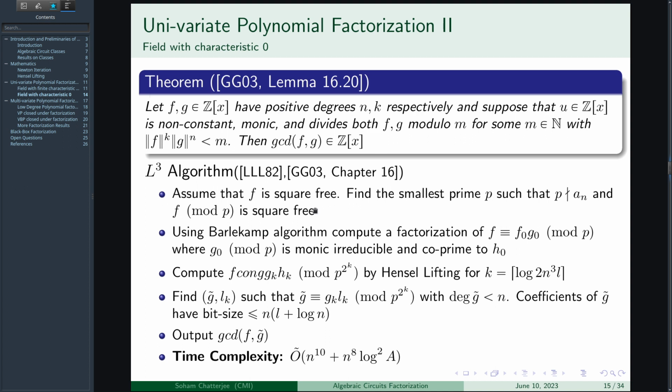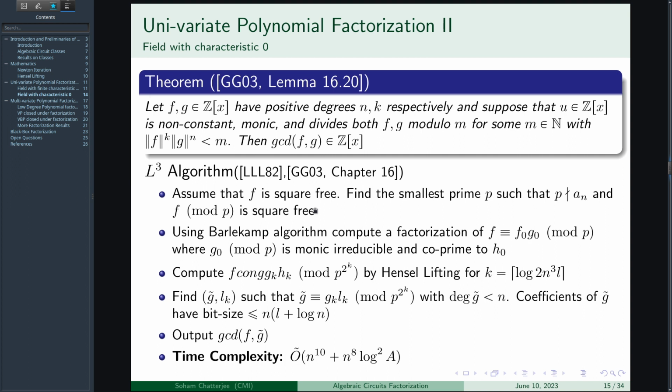Now the main LLL algorithm: first you do a pre-process to make f square free. Then you find the smallest prime p such that p does not divide the highest degree coefficient, and f is also square free modulo p. Then it uses Berlekamp to factorize modulo p, where G0 is irreducible.